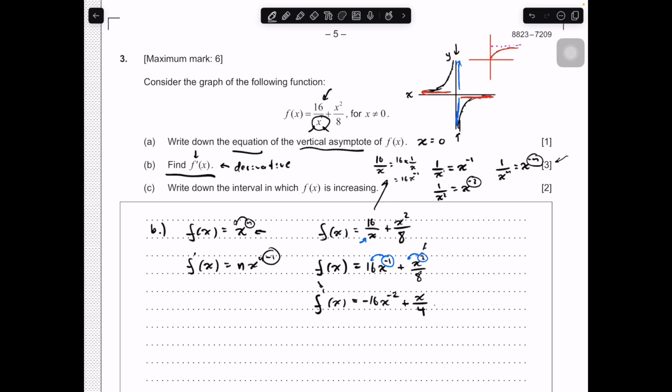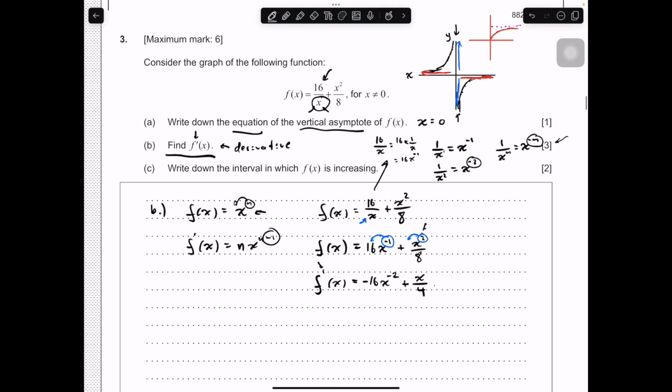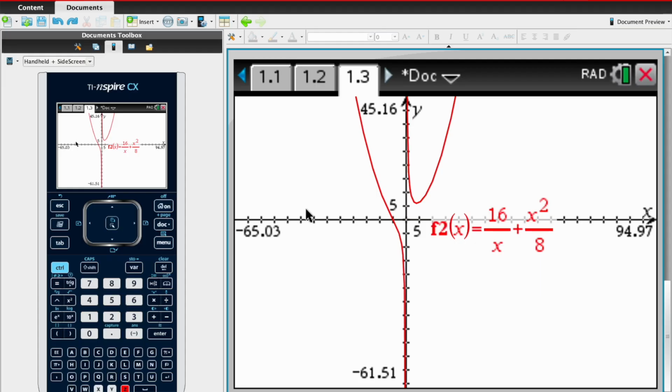All right, write down the interval in which f of x is increasing. The interval, so the bounds within which this function is increasing, or just simply going up. Let's go back to the calculator screen. So here we are.